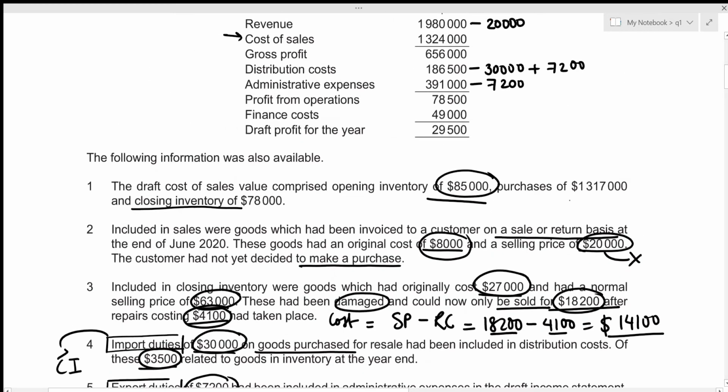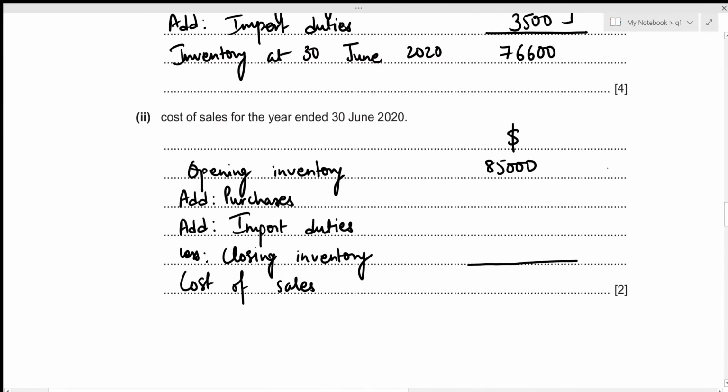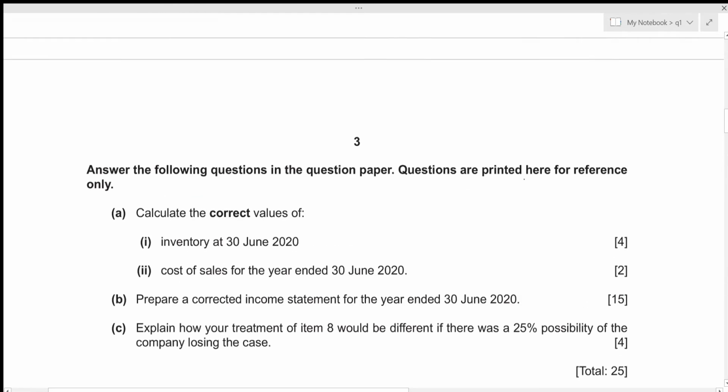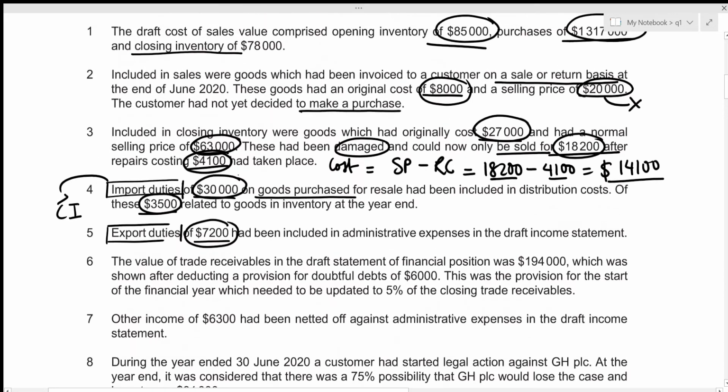And we were given the purchases value of 1,317,000. And again, no adjustments were to be made considering all of our information. So we can just substitute this value. So that's 1,317,000. Then we had our import duties. And import duties was 30,000. So we just need to substitute this value.